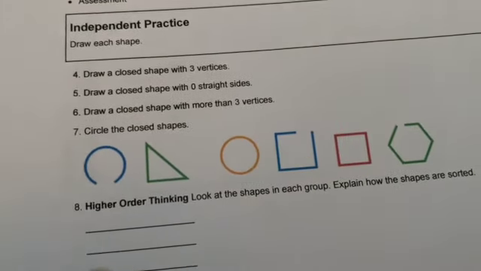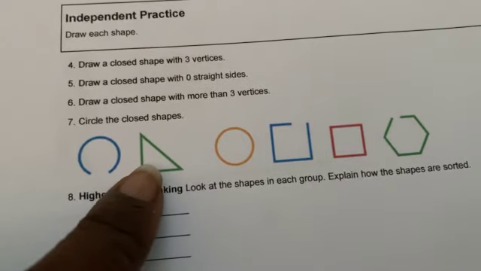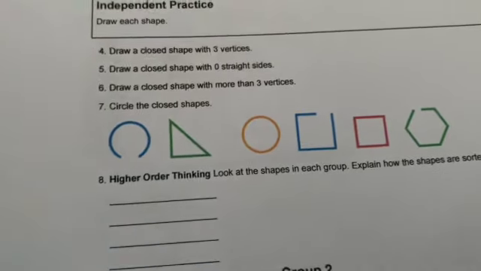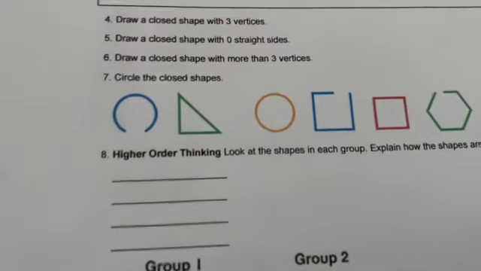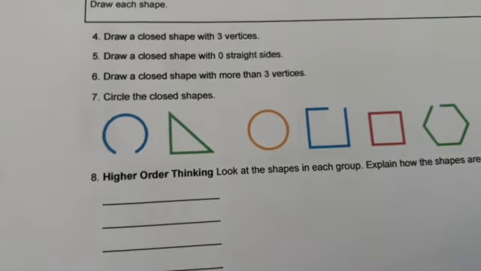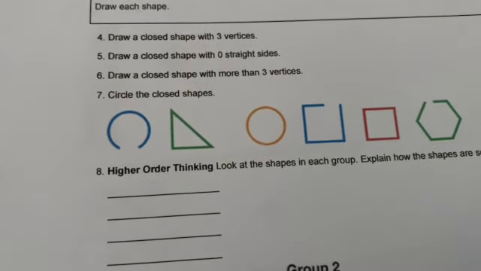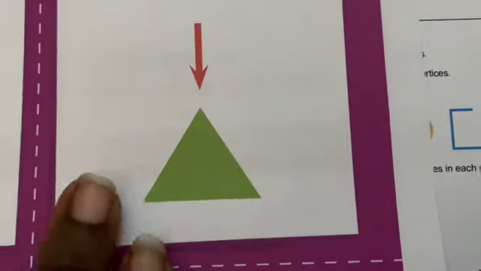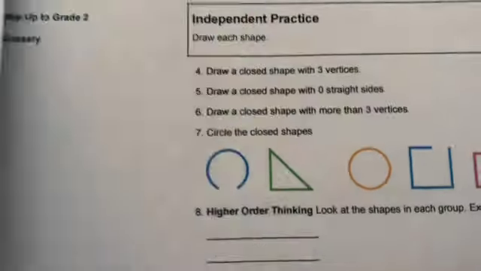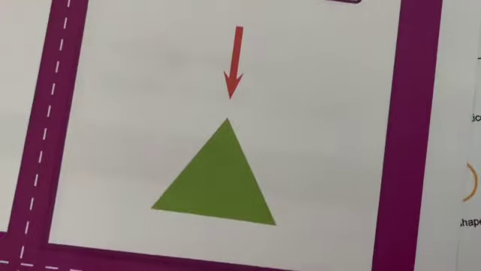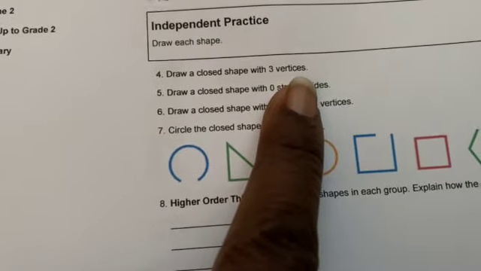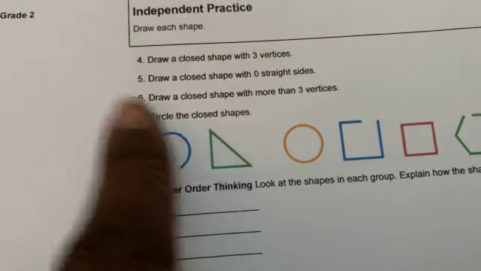Okay, so one could be this one here, or you could draw again this here, because a triangle, because it asks for a shape with 3 vertices, and that would be a triangle.